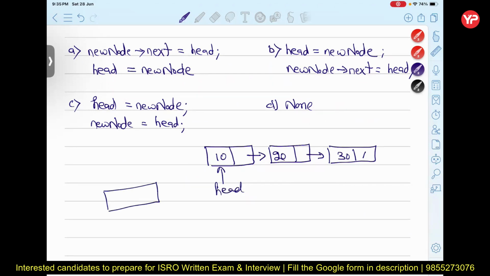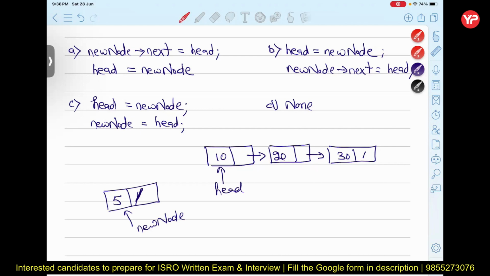I am going to create one more node with the data 5, and here we have a pointer called new node pointer. Here it is null. Now my task is to join or insert the new node at the starting of the linked list.